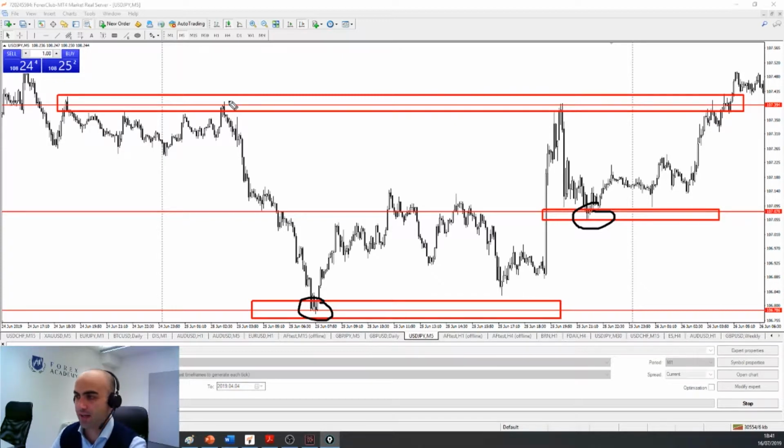On the other hand, this particular area is called the resistance level. And again, a resistance level is where the price tends to find resistance once it moves up.